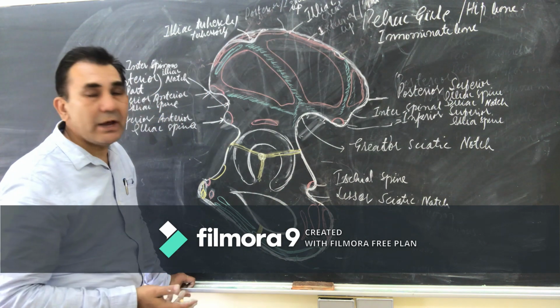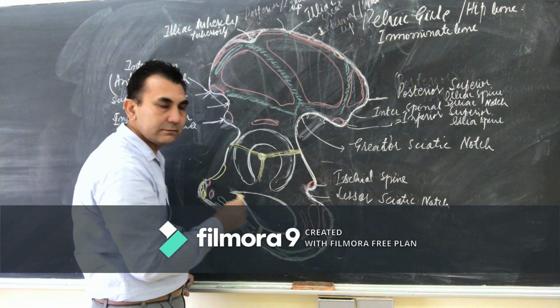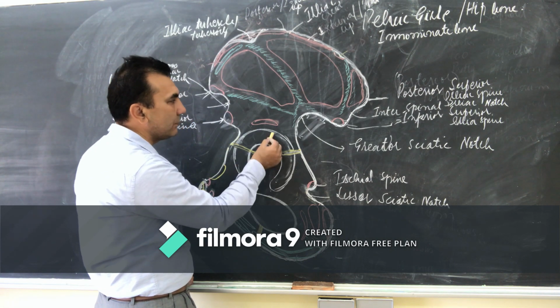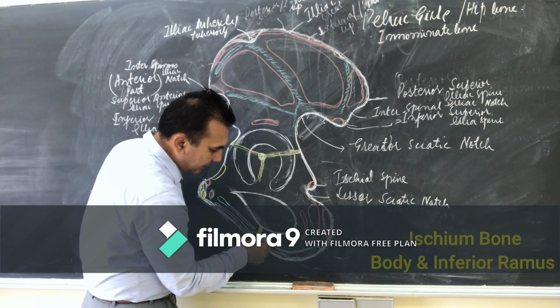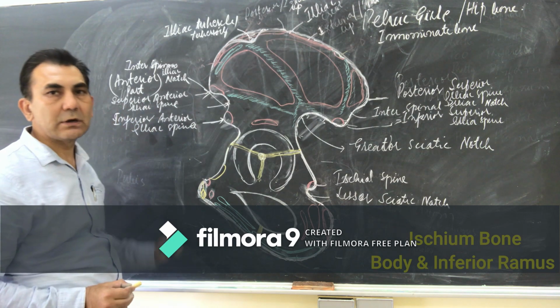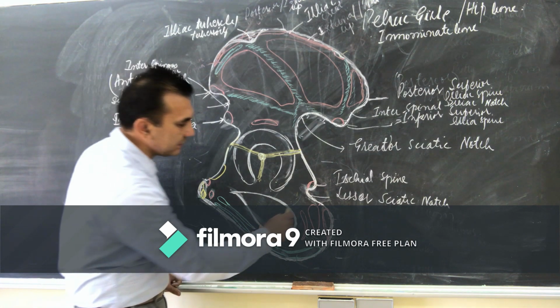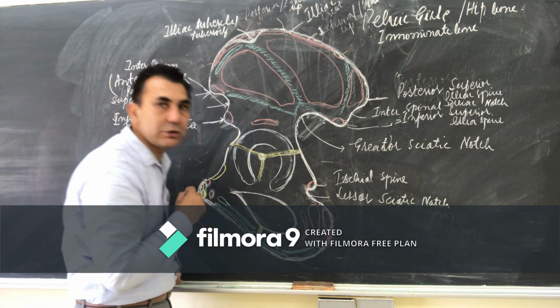The ischium bone has three parts. The superior ramus goes to unite with the ilium bone, this is the inferior ramus of the ischium bone, and this is the body and the tubercle part of the ischium bone.